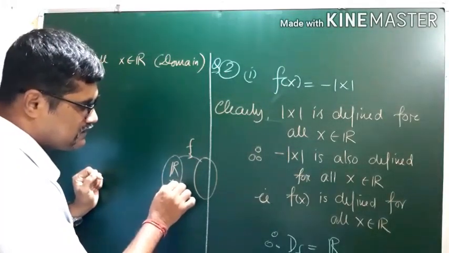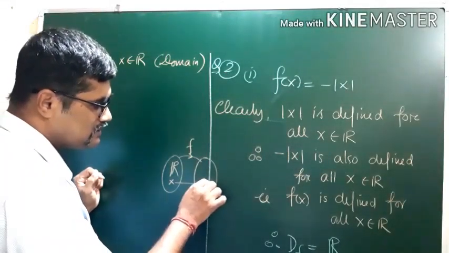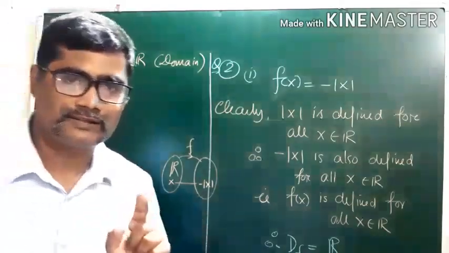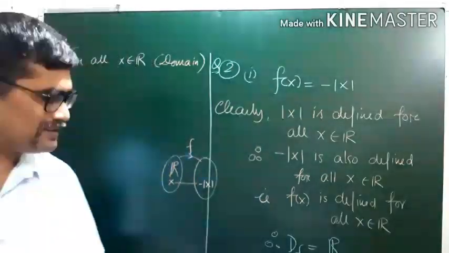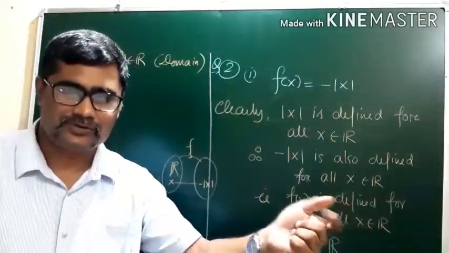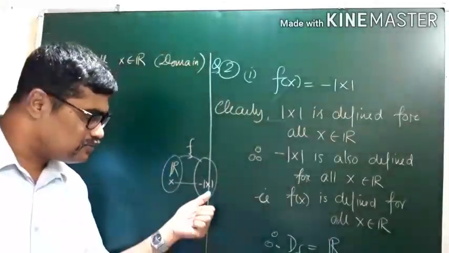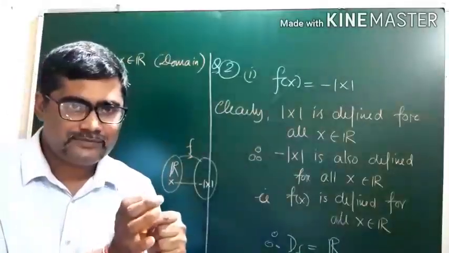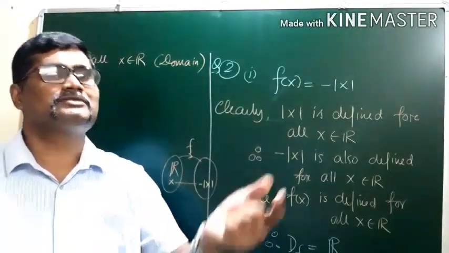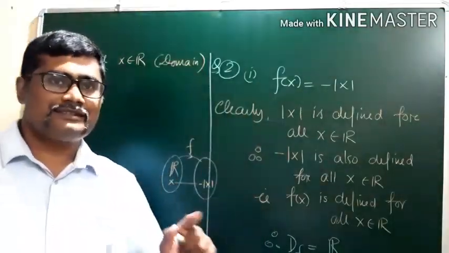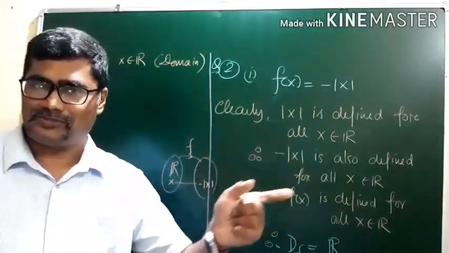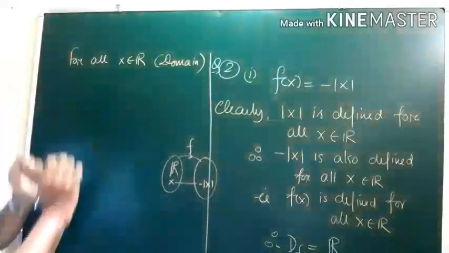If I put x here, it becomes minus of mod x in the codomain. Now make an observation. Mod x is always positive or 0, that is non-negative. If you put a minus sign in front of a positive number, it becomes negative. If you put a minus sign in front of 0, it becomes 0. That means on the right hand side you are going to obtain either negative real numbers or 0. That's the range.